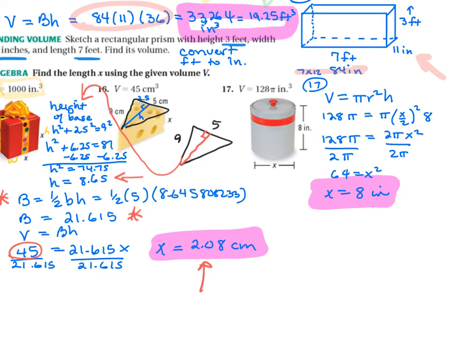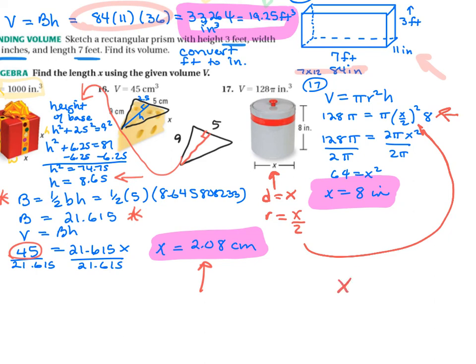So again, I'm going to set 128 pi equal to the formula. Notice this x is a diameter. So to turn it into a radius, I have to divide it by 2. And that's how I got x over 2. So then you do x over 2 squared times 8 times pi.